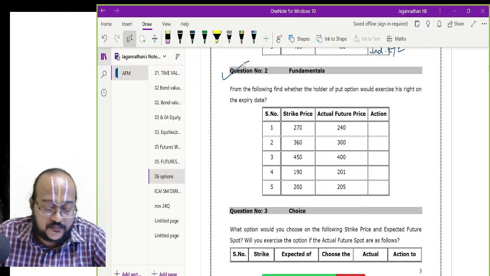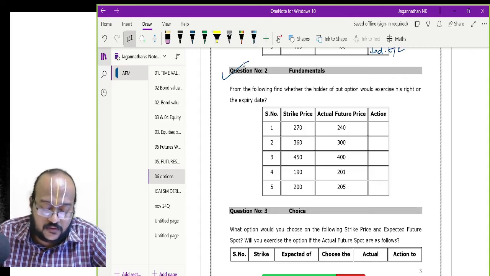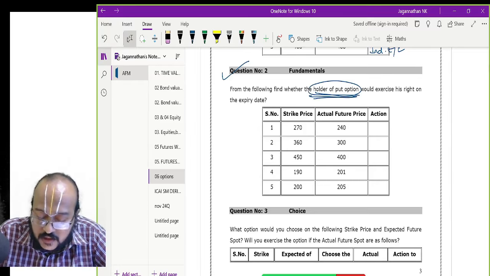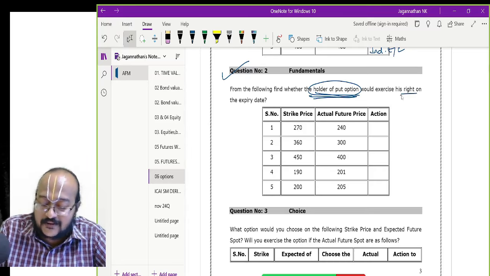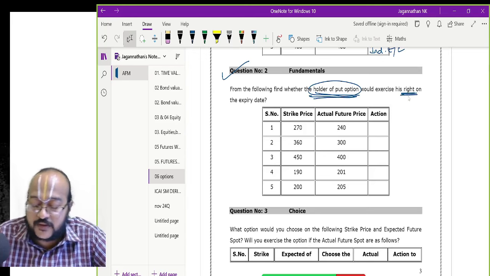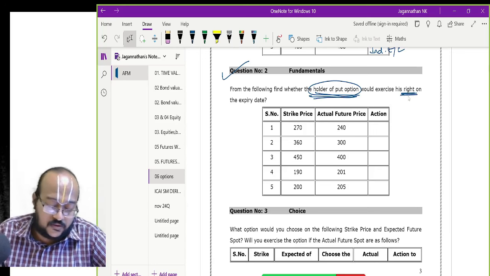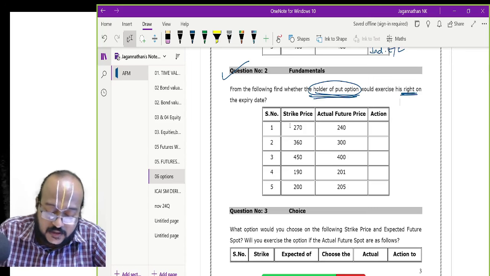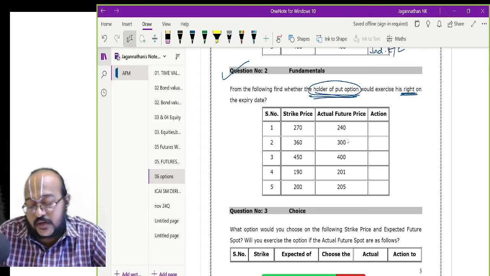Question number 2. From the following, find whether the holder of the put option would exercise his right. I told you, the holder will always have the right. So on the expiry date, would he exercise his right or not? Serial number 1: strike price is 270, actual futures price is 240.